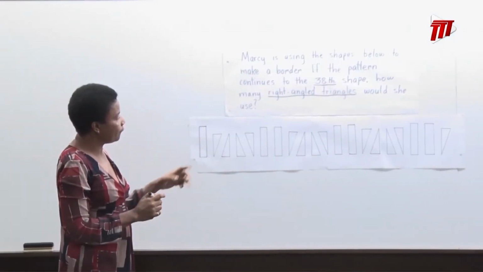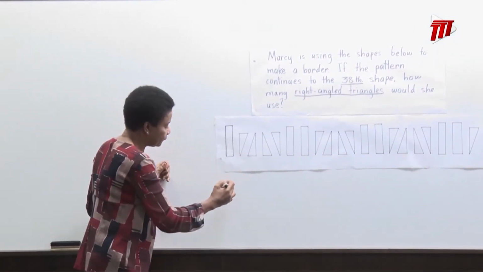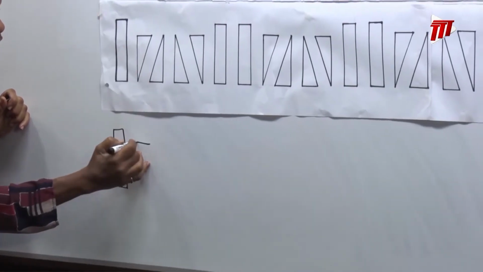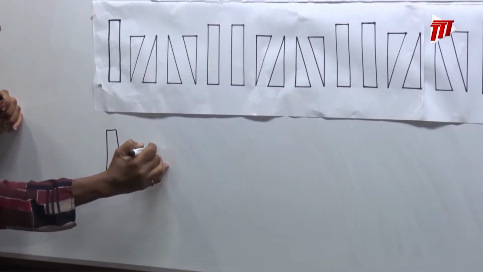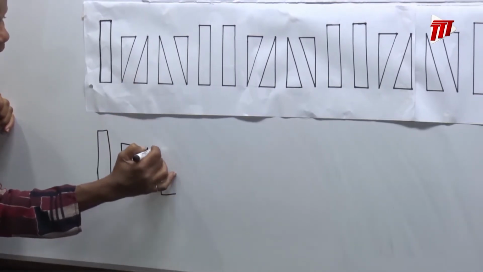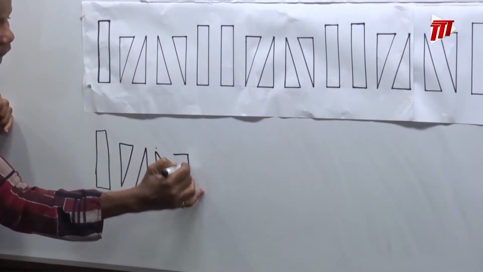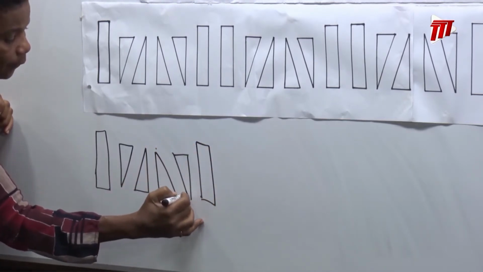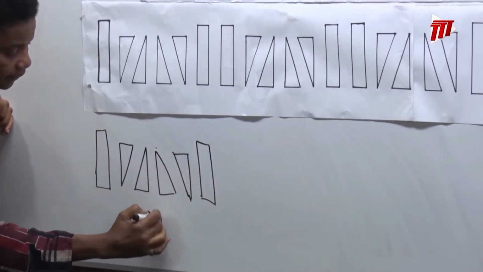Clearly, the core for this pattern is a rectangle, a triangle, another triangle, a third triangle, a fourth triangle, and a rectangle. This is the core that is being repeated.